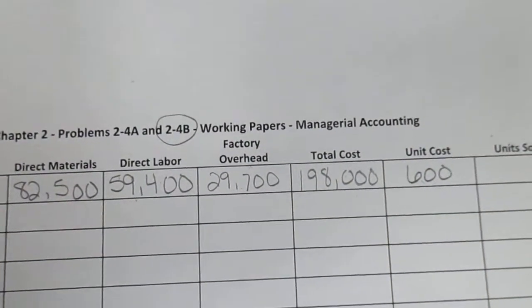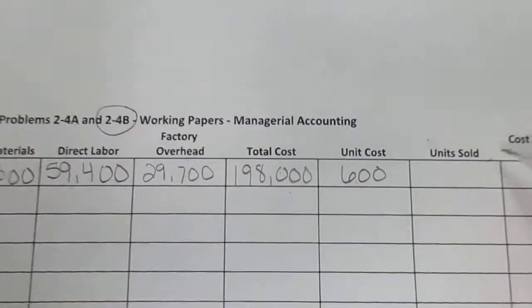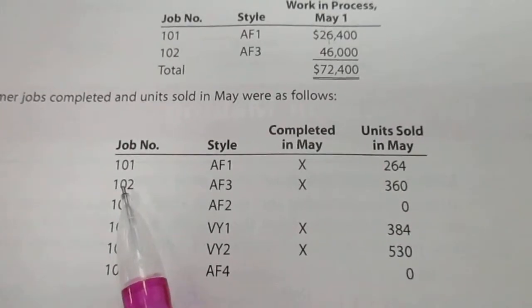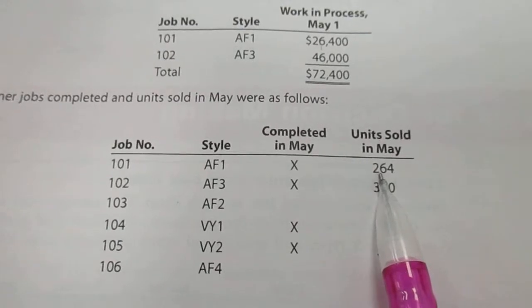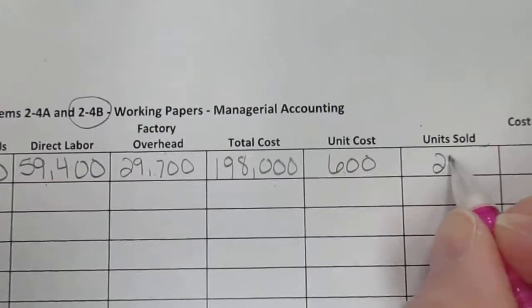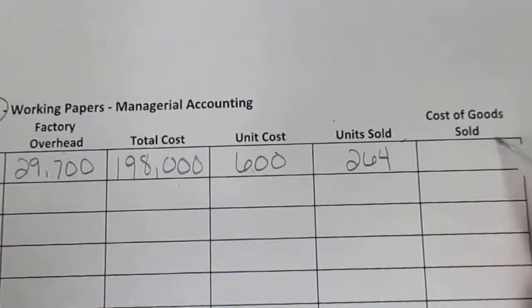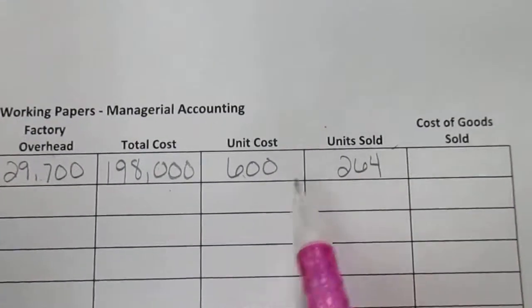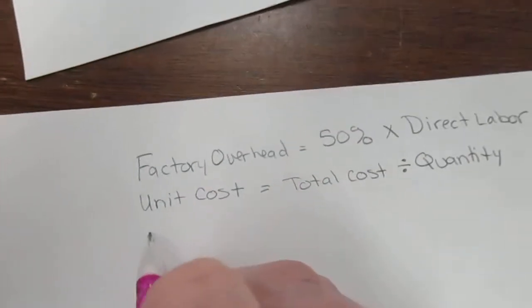The next column asks for the units sold. And if I look in my textbook, it'll tell me that for job number 101, I had 264 units sold. So I'm going to stick 264 here. Now I need to know my cost of goods sold. So I'm going to take my unit cost times how many I sold, and that's going to give me my cost of goods sold.